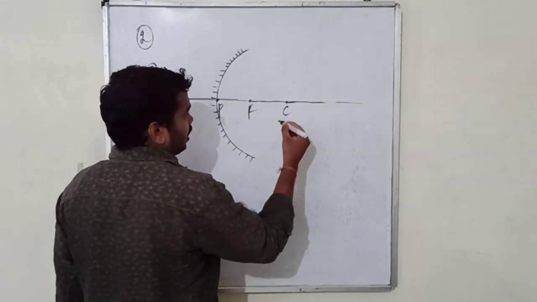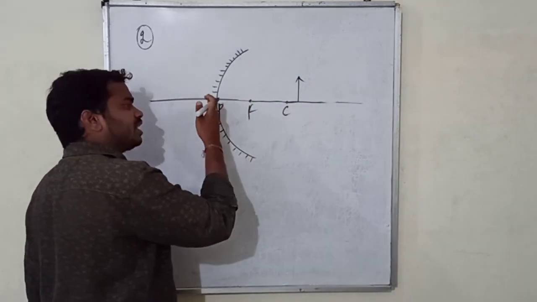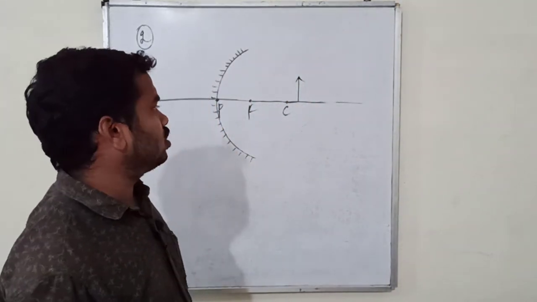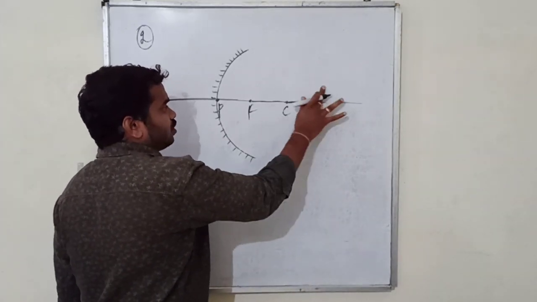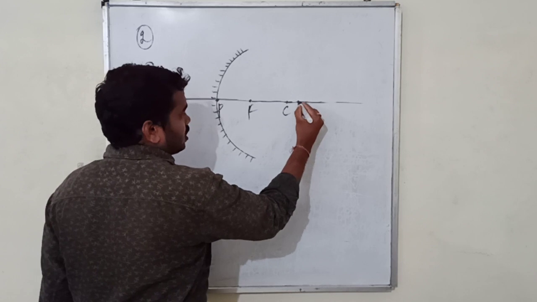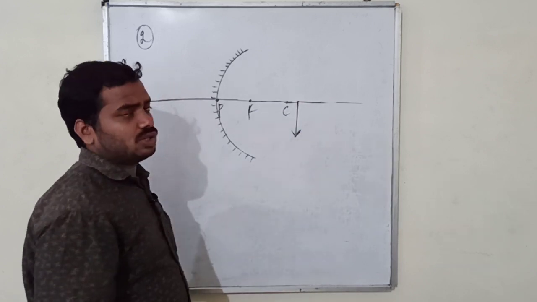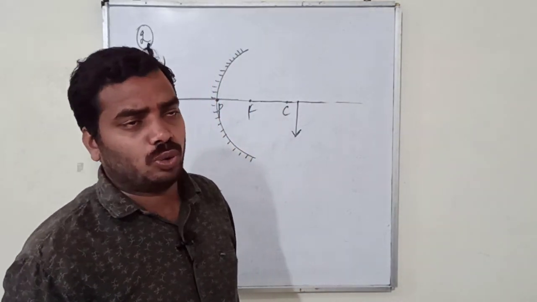Let us consider an object like this. Same way, you can consider the object anywhere upon the principal axis. It can be in a reverse manner also. Sorry, why always take it above the principal axis? I am going to take the object below the principal axis. You can consider the object below the principal axis also.